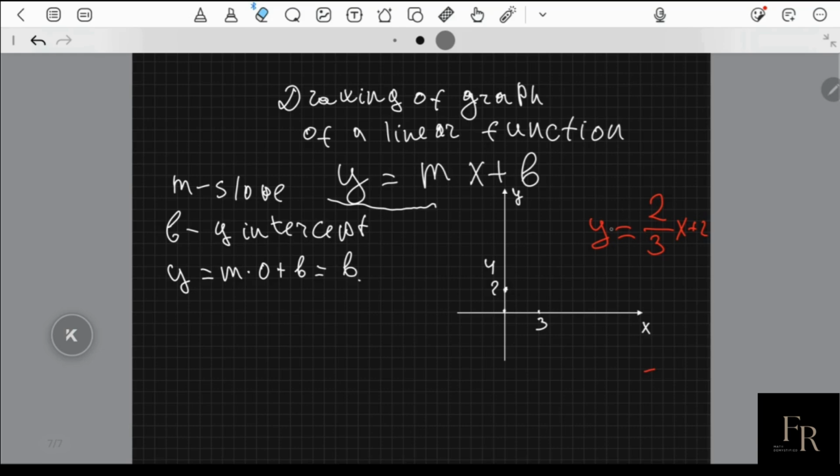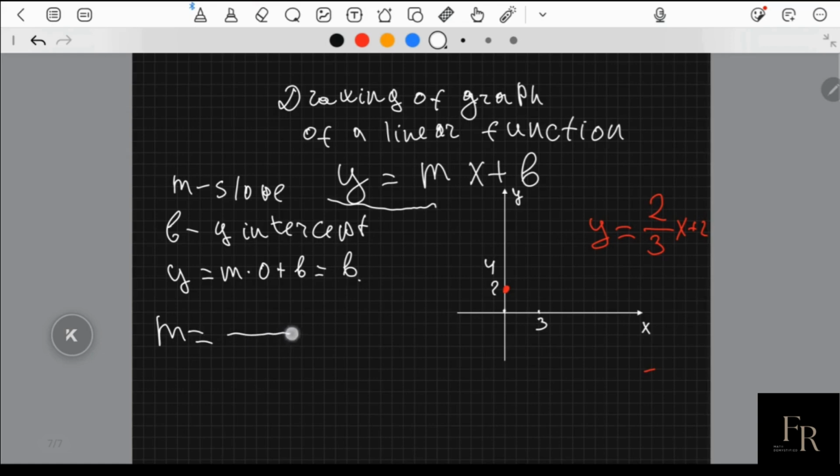We know that this line crosses the y-axis at the point 0, 2. So our first point will be 2, and now we know the slope. Instead of finding other numbers, what I do is express m as this. Let me write it with the white marker.